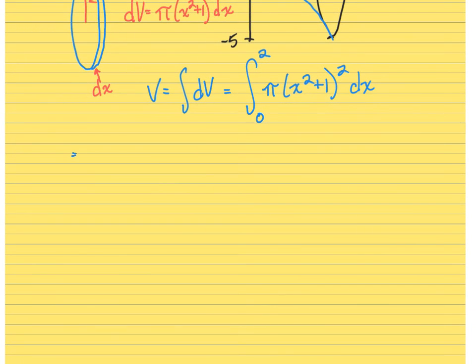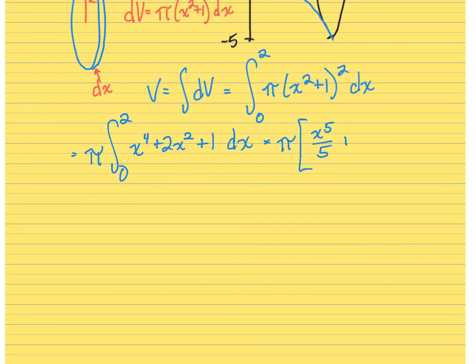So just quickly doing a couple things, right? I'd pull the pi out. I would square all this. And this is an easy one to evaluate because the pi is going to hang out there. And we're going to have x to the 5 over 5 plus 2x to the 3 over 3 plus x evaluated from 0 to 2.